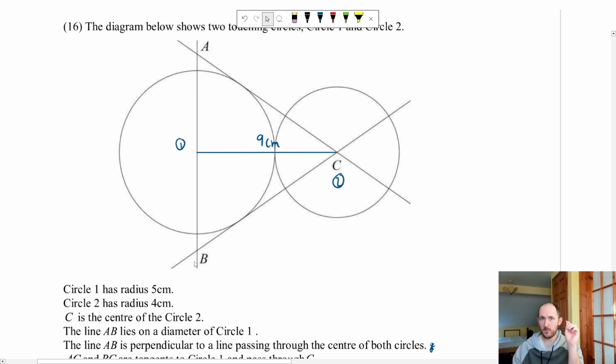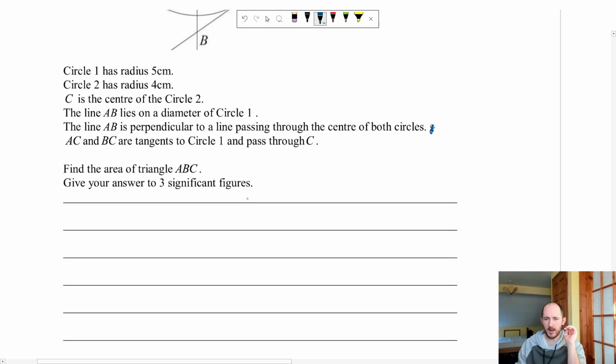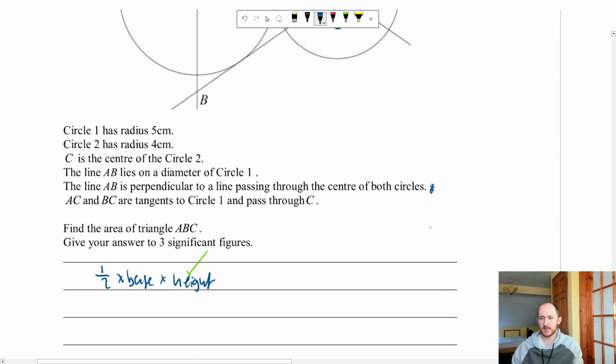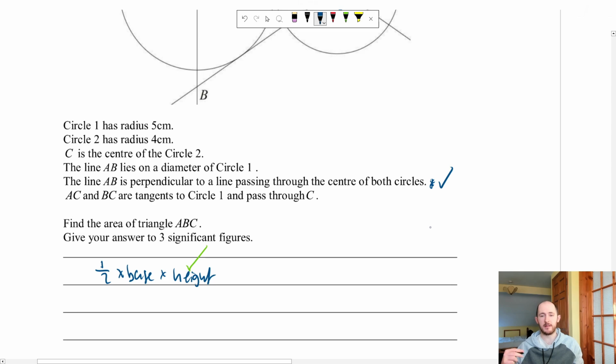So we've actually worked out one of the two things we need. Just as a reminder, I know this sounds really sarcastic, but it's half base times height. But remember, the height has to be perpendicular. Super, super useful. Okay, so we've used that information and it proved very fruitful indeed.